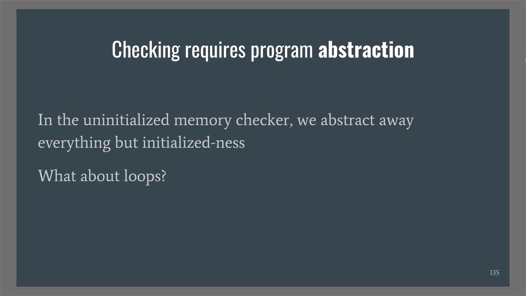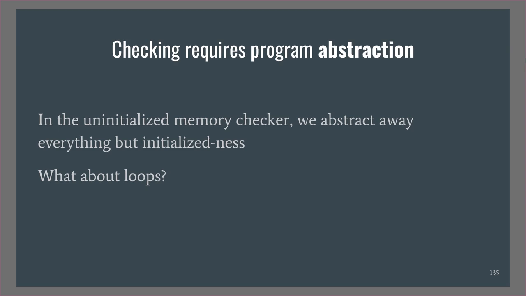The second way we abstract is in how we handle control flow. Since we know we can't say if a loop will terminate or not, the checking framework has to make choices about how it handles information flowing into and out of loops. As another example, think back to our uninitialized memory checker again. When it reached the join point of the if statement, it conservatively took the union of the true branch and the false branch on init sets.